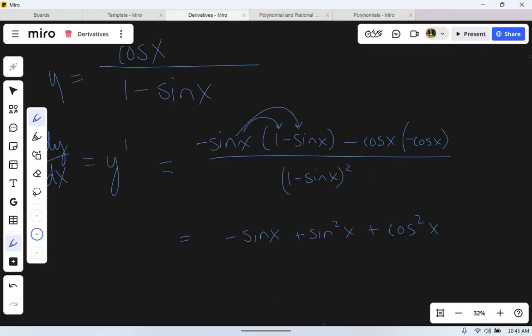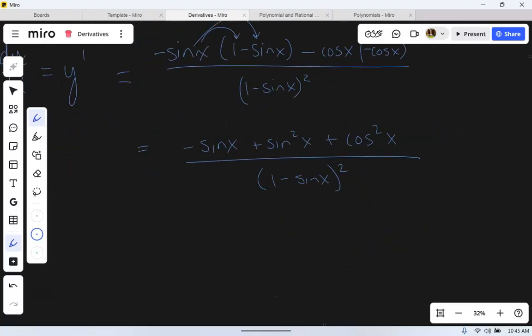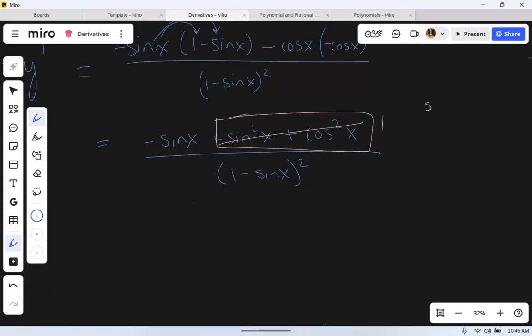Now look, if there is one and only one trig property that you memorize, do you remember what it was that I told you? Sine squared plus cosine squared is 1.